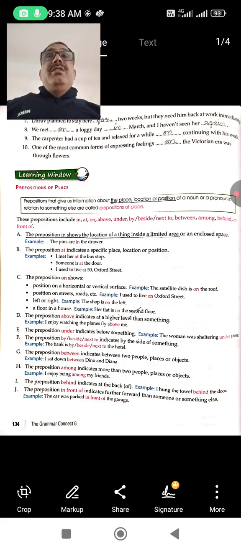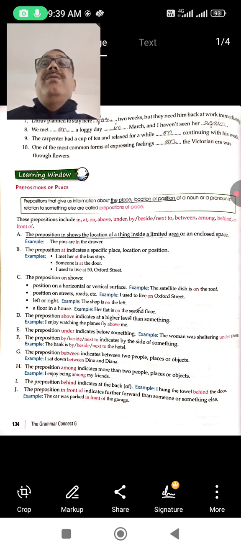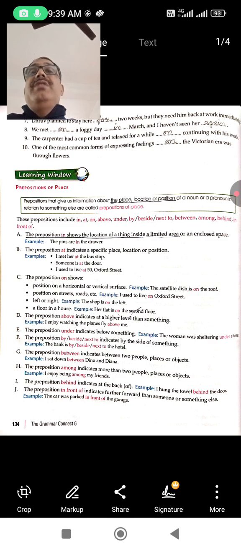Now I am going to teach you preposition of place. What is preposition of place? Prepositions that give us information about the place, location or position of a noun or a pronoun in relation to something else are called prepositions of place.